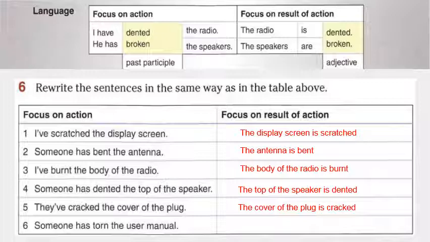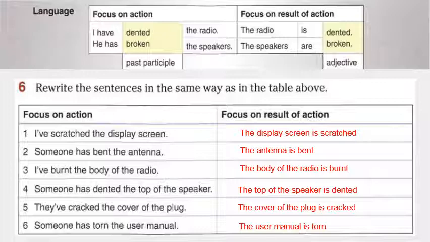Okay? And finally, someone has torn the user manual. Do you know the meaning of has torn? Okay. The user manual is torn. I will try to help you know the meaning of torn.